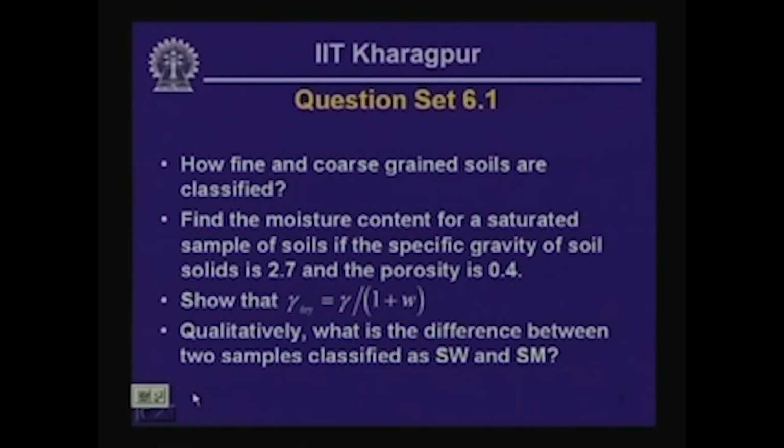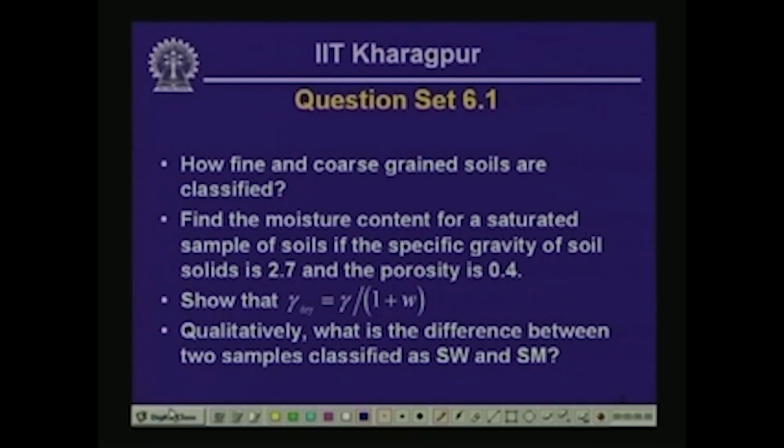And then the third question that I asked you was to prove the identity that gamma dry is equal to gamma bulk over 1 plus W. And let us look at the proof. You remember moisture content is given by weight of water divided by weight of solids.